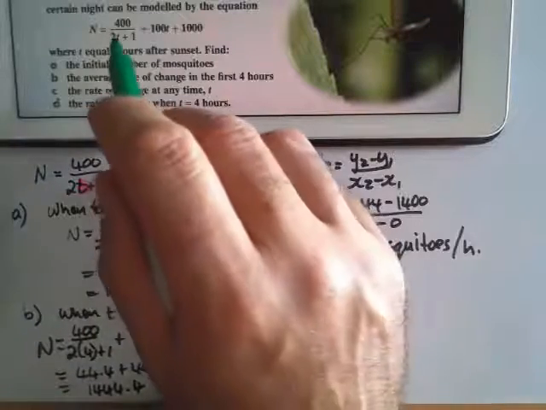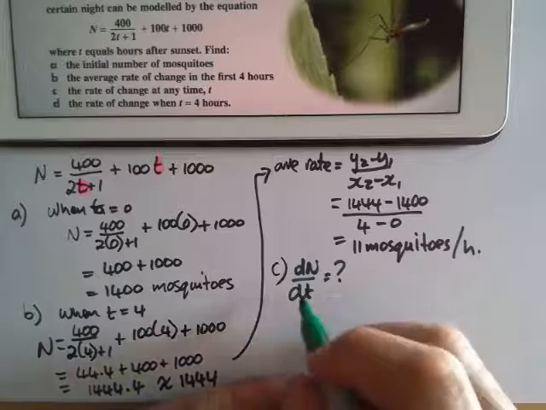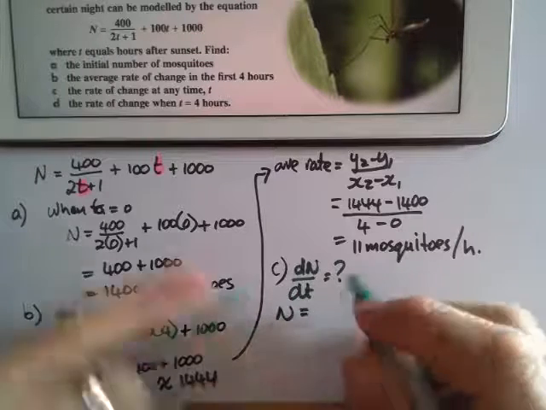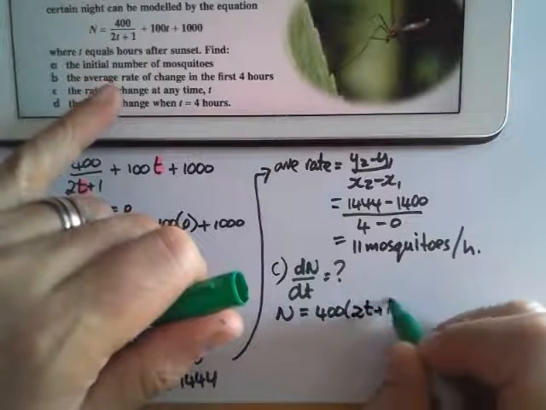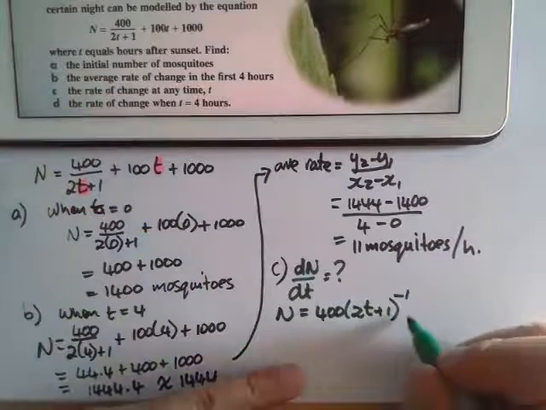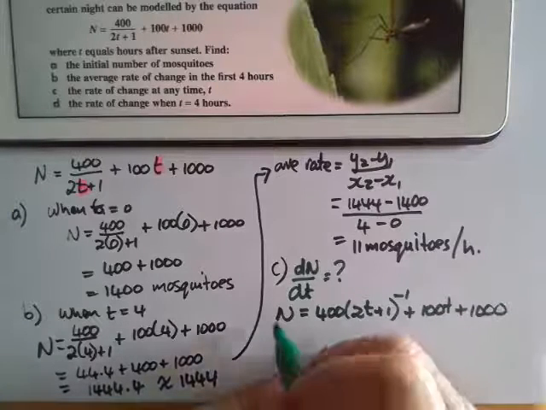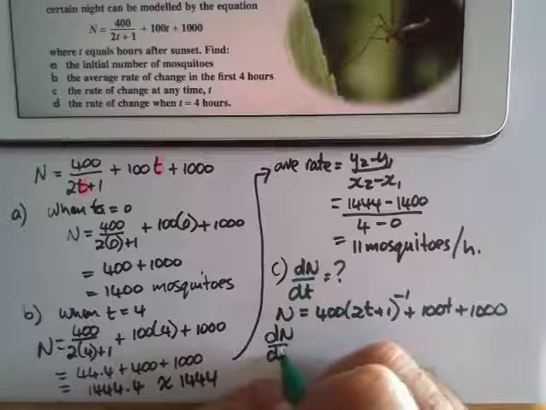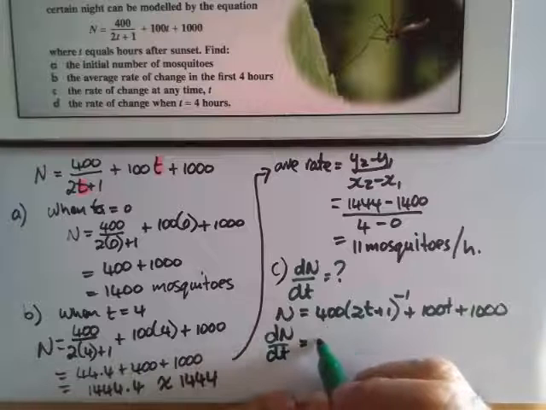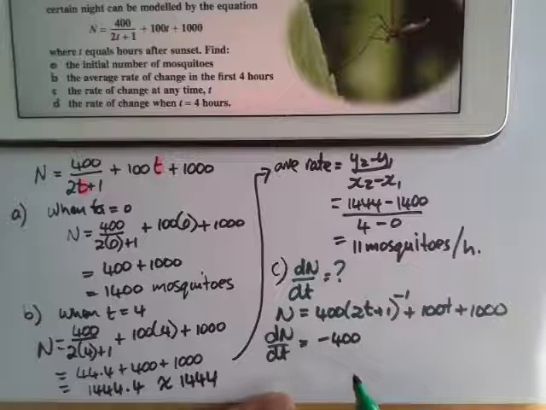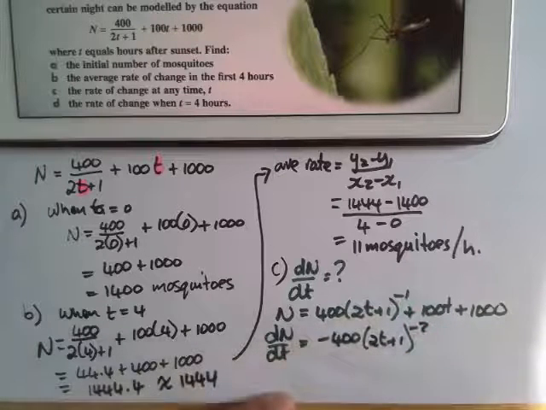So what I'm going to do is I'm going to rewrite this, and I have to differentiate this in terms of t. So I'm going to quickly rewrite n, and I'm going to say this is 400 times 2t plus 1 to the power -1 plus 100t plus 1000. If I find dn dt now, the -1 goes to the front, it becomes -400. 2t plus 1 stays as it is, but the power becomes -2.